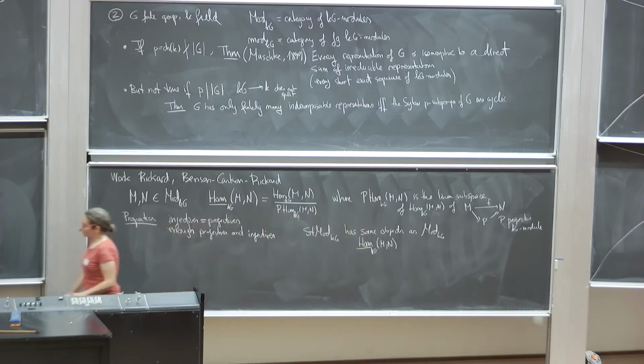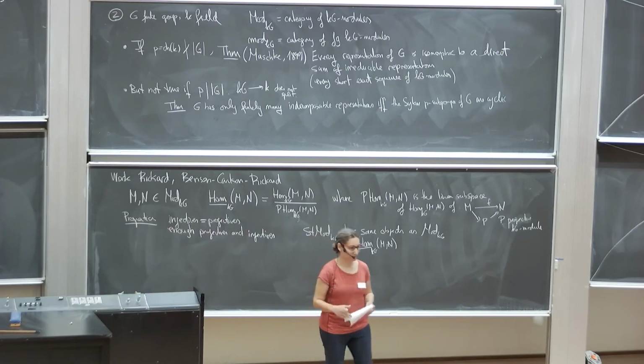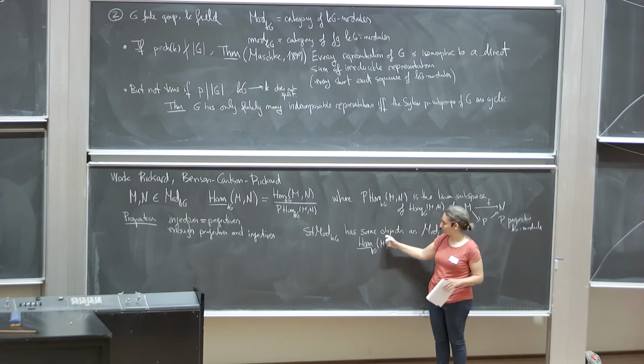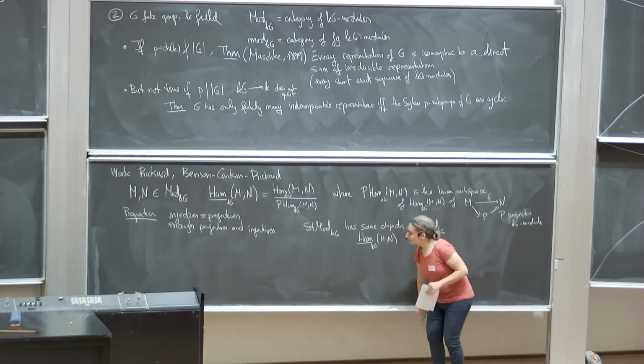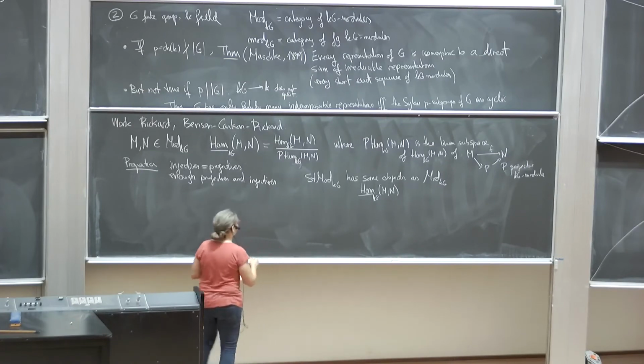And why is it called stable? What we had in the stable category was this endofunctor with this suspension, this shift. So we are going to construct a similar endofunctor within this category, and we do the following.